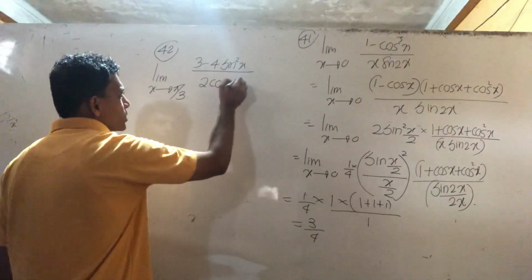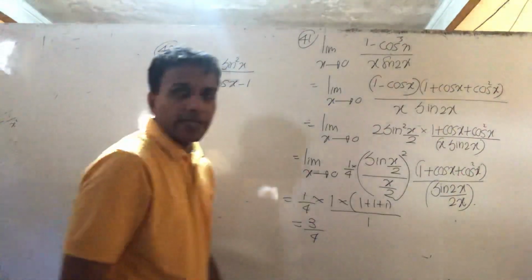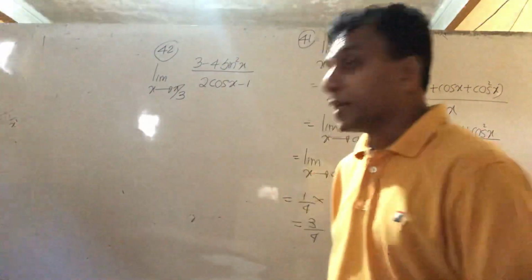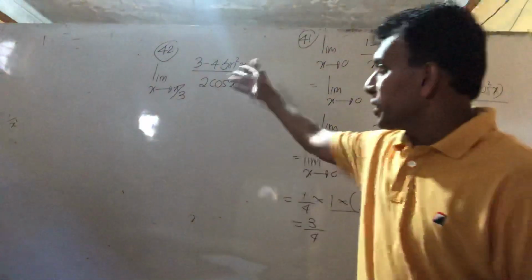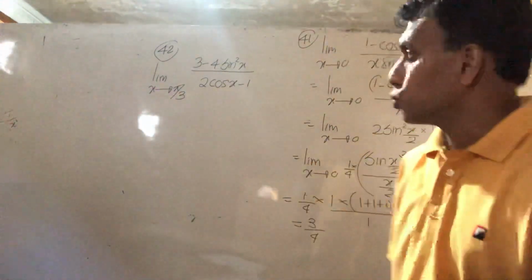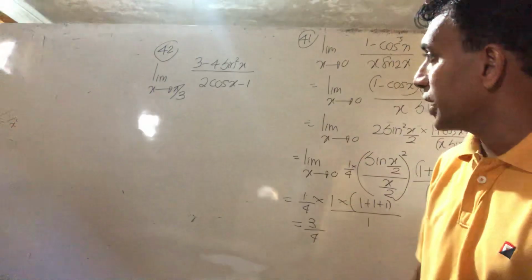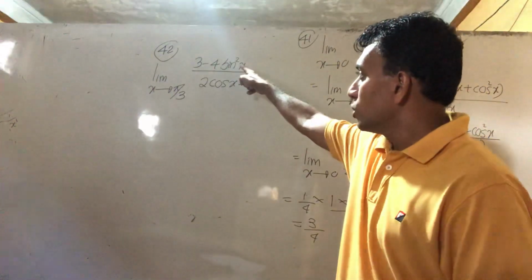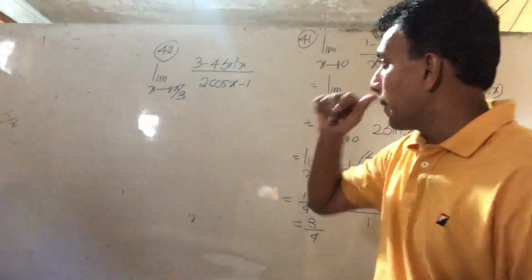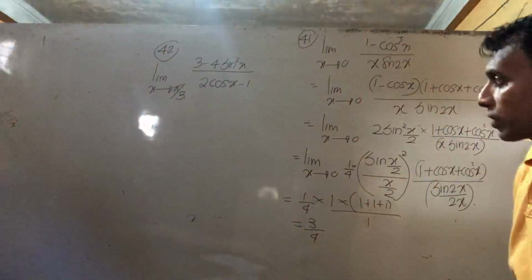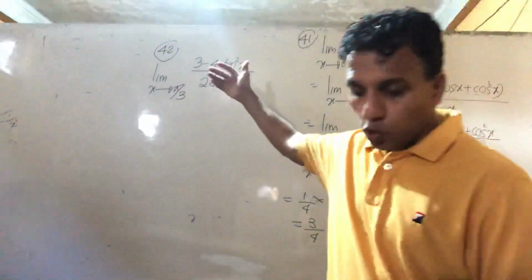The limit approaches pi by 3. So what is sine 60? Root 3 by 2. Is it sine 60 root 3 by 2? So here 3 minus 4 times 3 by 4 cancels, 0. Cos 60 is half, so 2 times half minus 1 gives 0. 0 over 0.